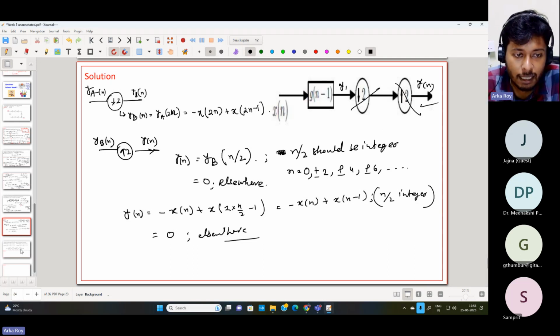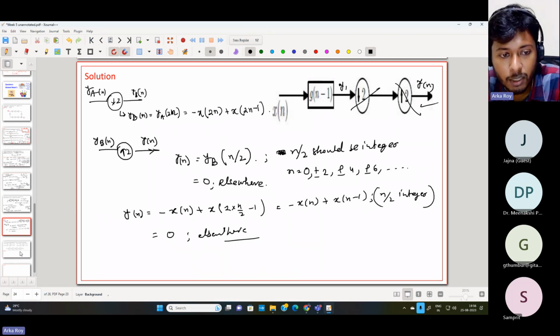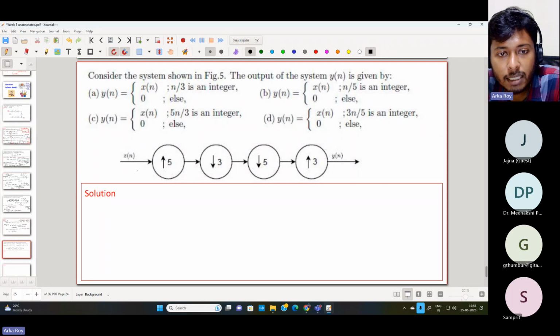However, I have taken another example which basically deals with the same thing. So let's check what is the output for that particular question. This is a very interesting question. In this question, we can see that there is an x[n] we are inputting in this particular system, which comprises one upsampler of 5, downsampler of 3, downsampler of 5, and then upsampling of 3. Interchangeably, you may think that I will get x[n] only.